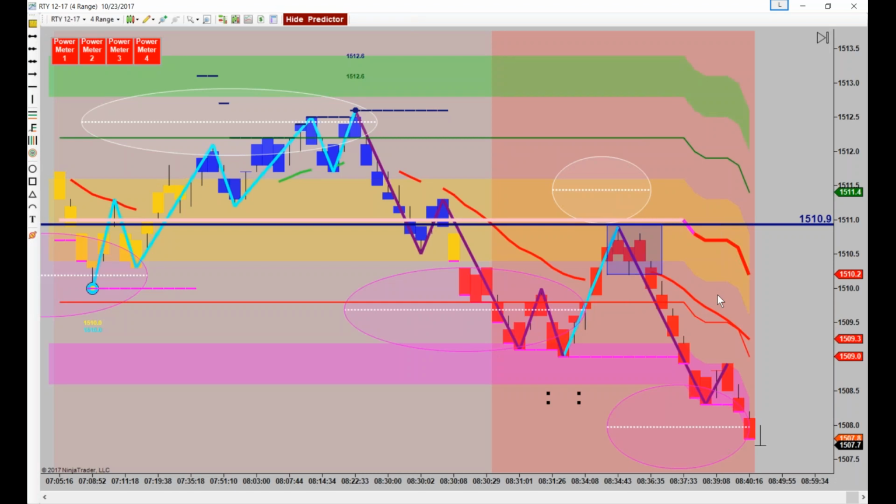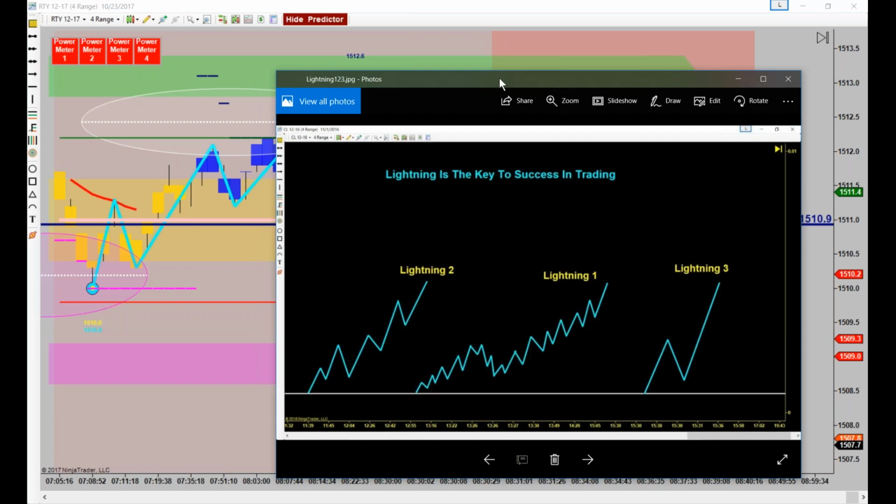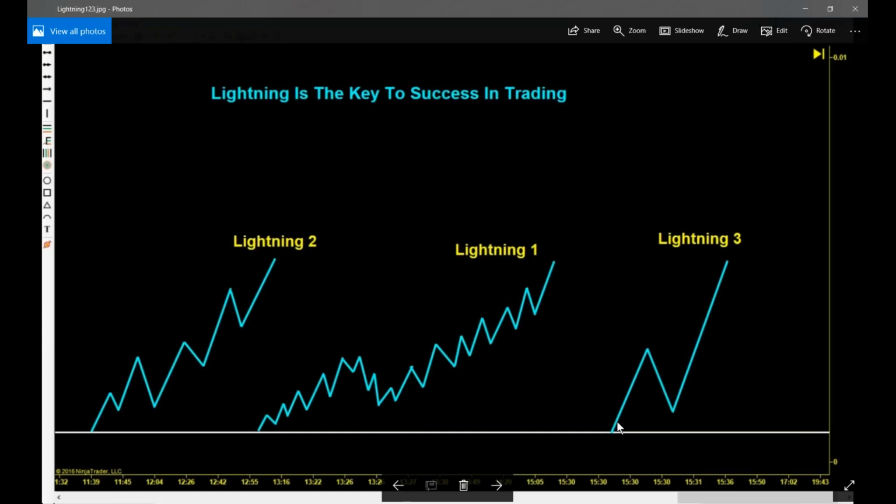Well, if you do put your stop way up here, keep in mind if you don't take some coin along this route down, and remember when you're looking at lightning, keep in mind that there are 4 trends on your chart. Let me show you real quick. This is your lightning 3 identified swing, right?